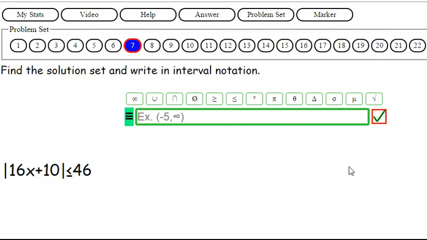We've got the absolute value of 16x plus 10 is less than or equal to 46.